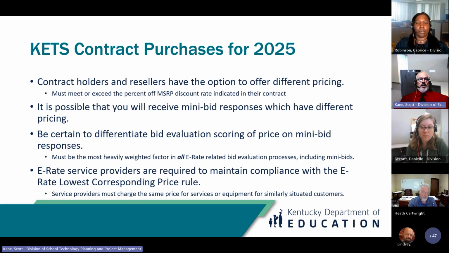In addition, service providers must charge the same price for services or equipment for similarly situated customers. That is to say that the E-rate service providers are required to maintain compliance with the E-rate lowest corresponding price rule. That is that rule that requires them to charge the same price for services or equipment for similarly situated customers.